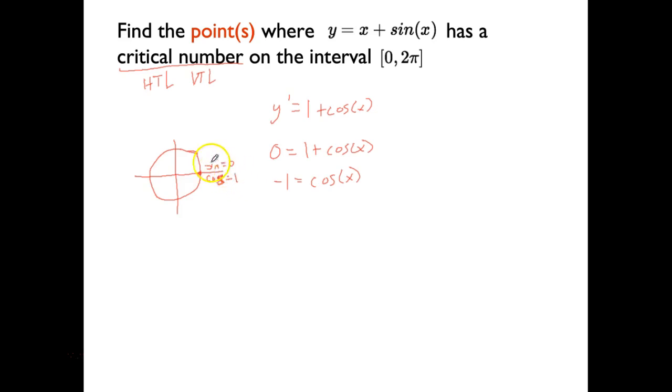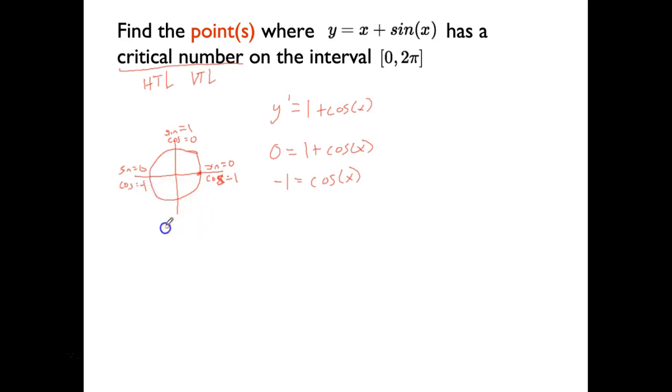Cosine equals 1. Okay, and then at this point up here, you have sine value equals 1, and cosine equals 0. That's the x value, right? Then over here, you have sine value equals 0 again. Cosine value equals negative 1.